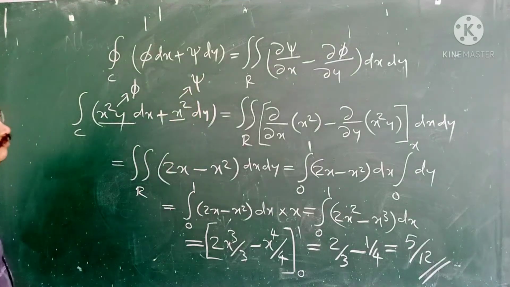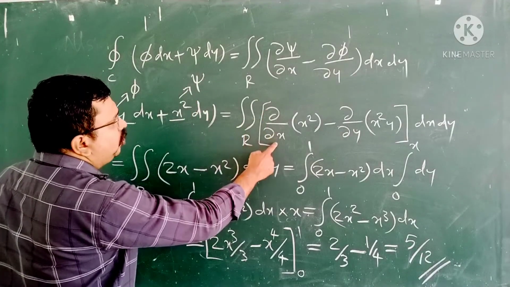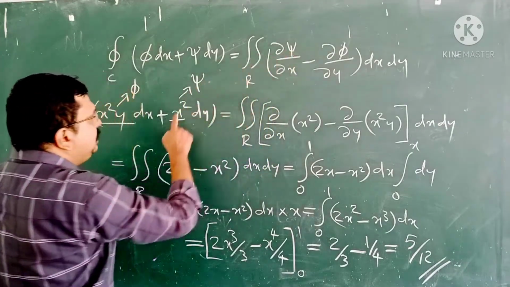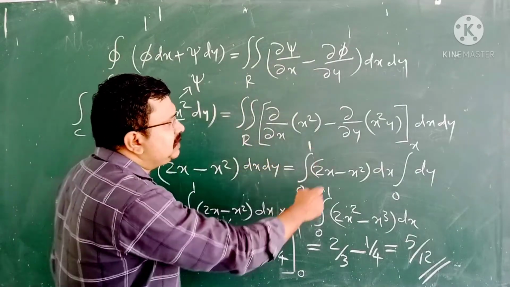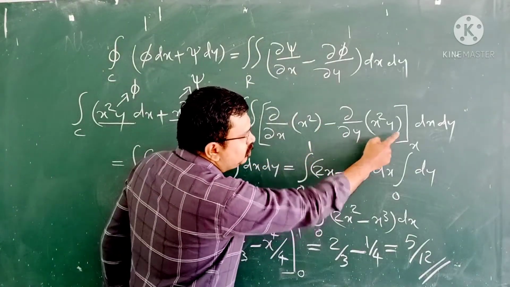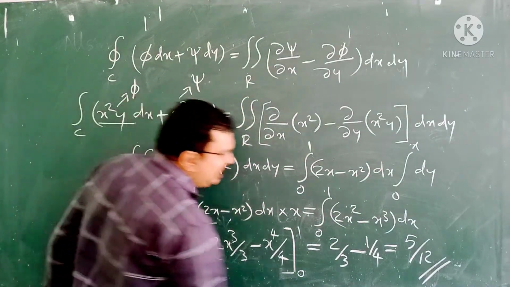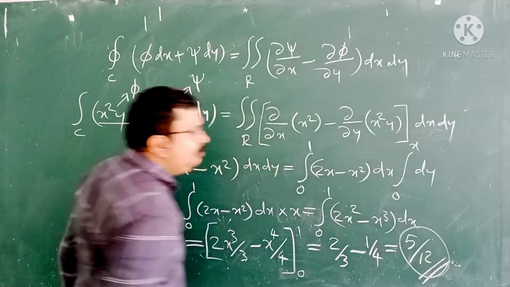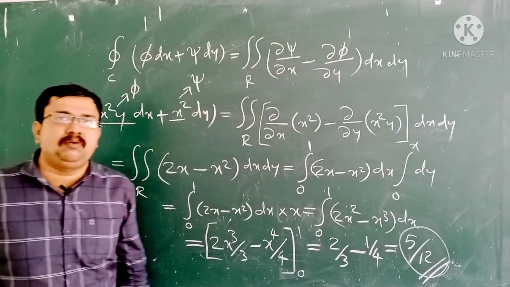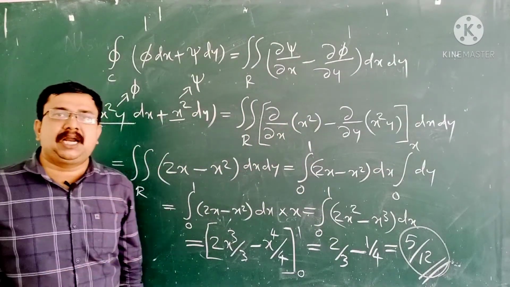Therefore dou by dou x of psi is x square minus dou by dou y of x square y. When we do this, we get the final answer 5 by 12. Please write down in your notebook.